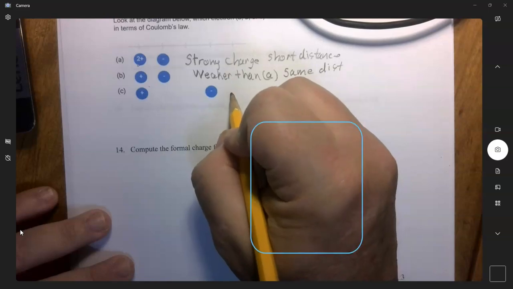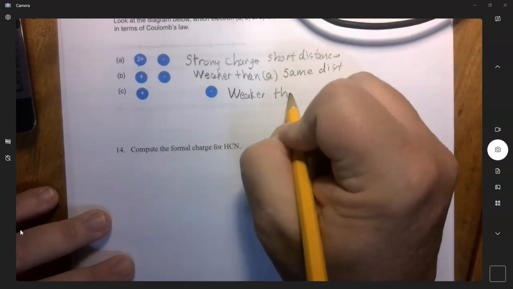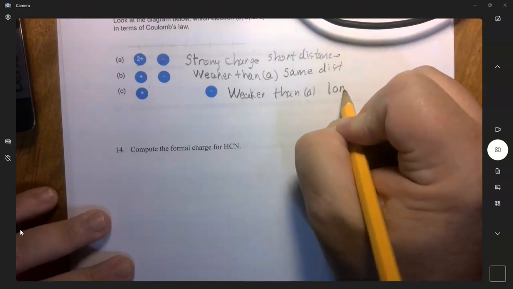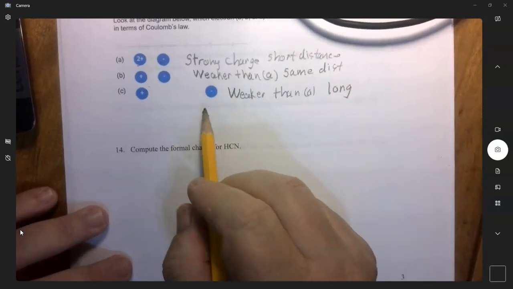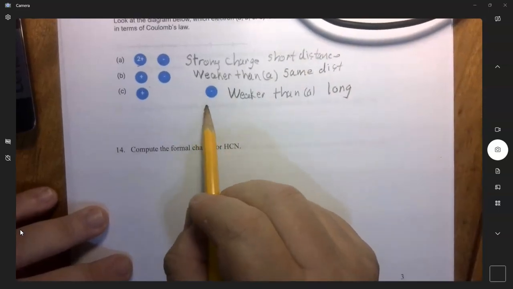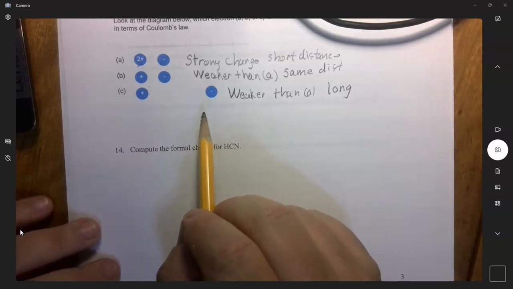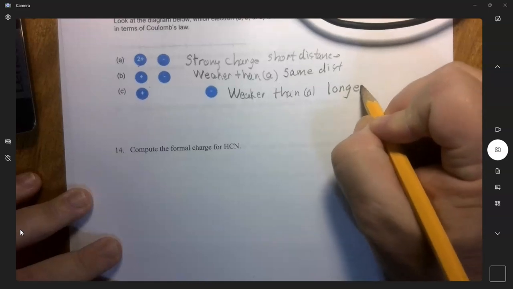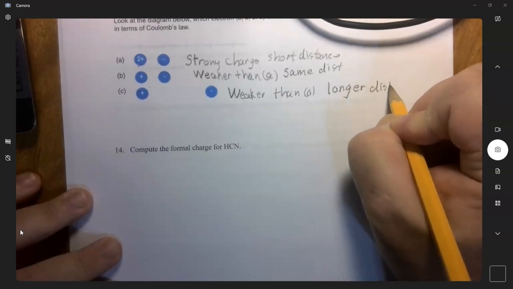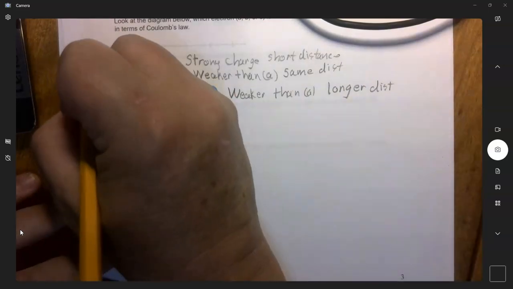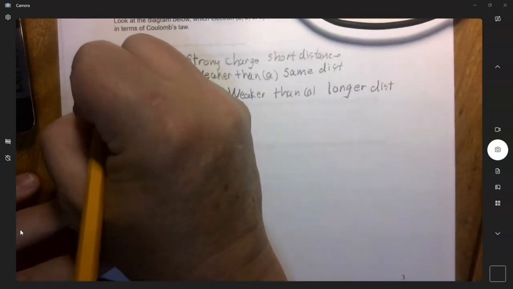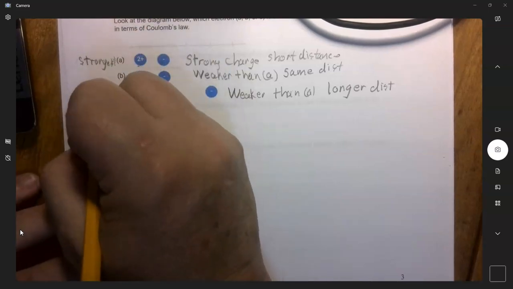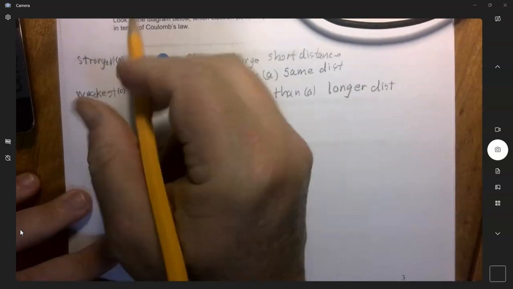And this is weaker than A and longer distance. That means the coulombic attractions are going to be less. And think of it, if you're 1 billion miles away from the Earth, you're not going to feel any gravitational pull from the Earth just based on how far away you are. So longer distance. So this is strongest. This one is weakest. And B is in the middle. So the answer is this.